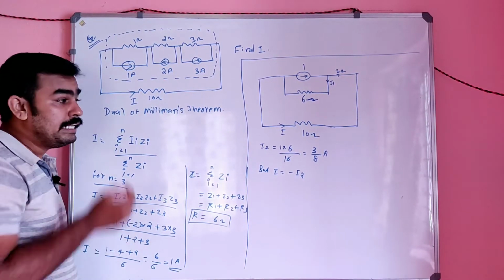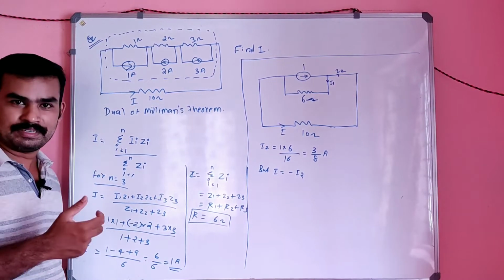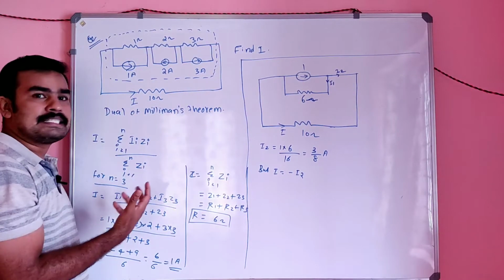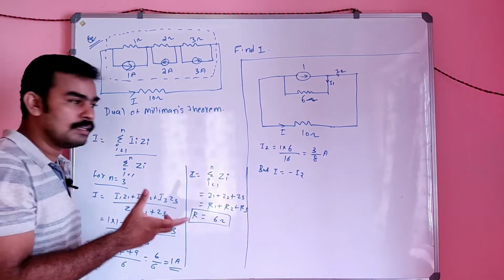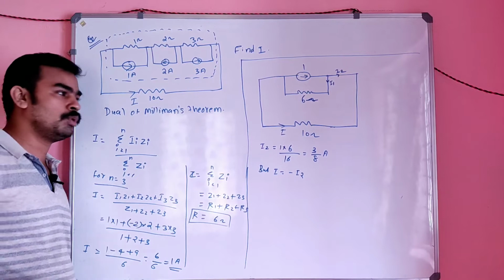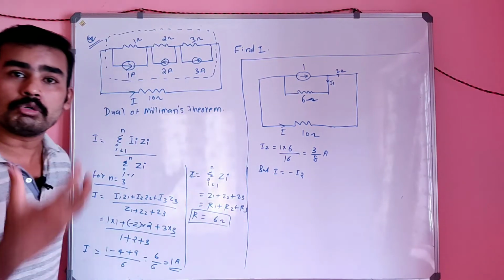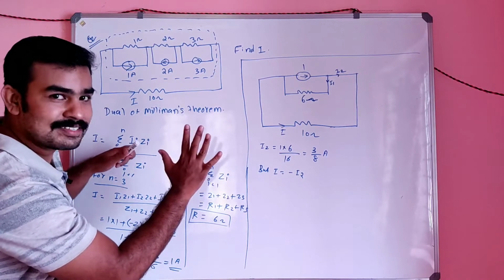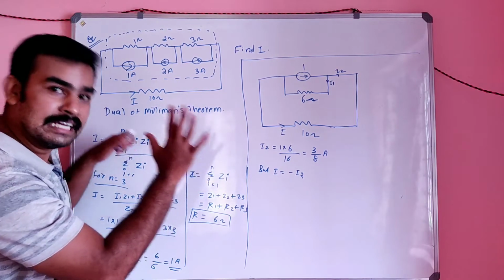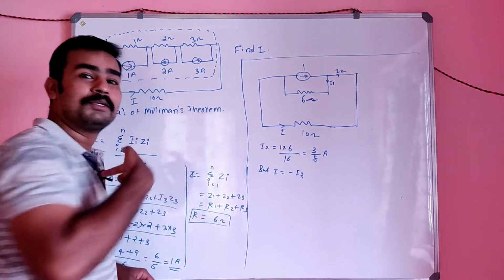Is it clear? In a very tough exam, a problem will be asked like this, and there will be options of both 3 by 8 and minus 3 by 8, so you have to take care of that. Whatever is given in the question, keep the elements and the direction like that, and according to that direction you have to find the answer.